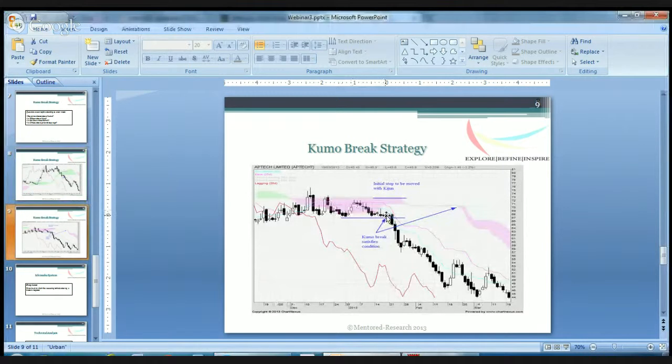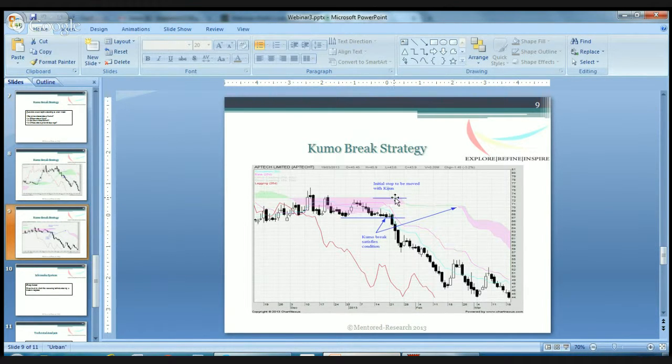When you initiate your short position at this point, you have to define where you are going to set your stop loss. If you sell here, the Tenkan, the Kijun, and the top of this Kumo are all resistance areas, which should help you.